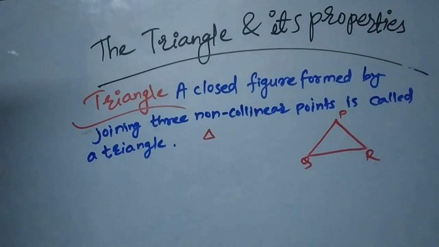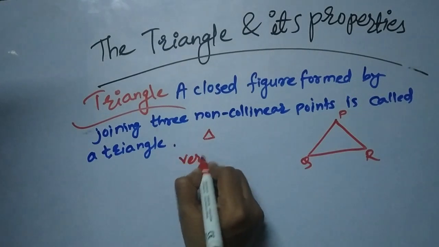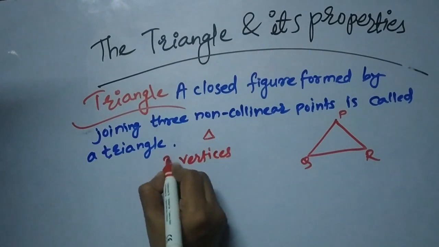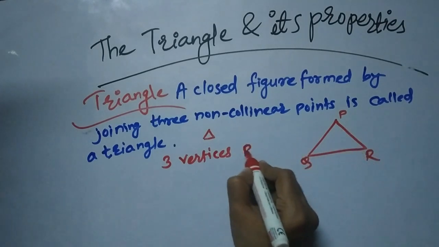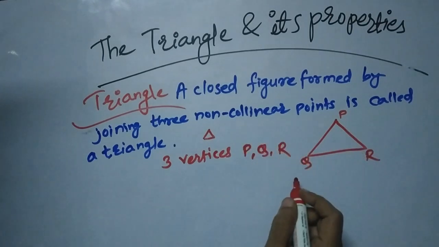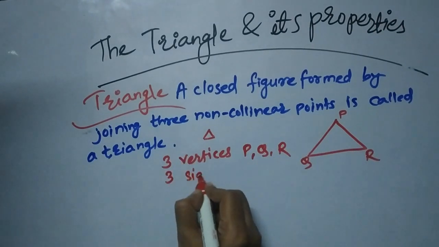PQR. So friends, in the given figure here, triangle PQR is formed by three non-collinear points. What are P, Q and R? We call them the vertices. So friends, here are the three vertices. Vertices are at these corner points, that is P, Q and R. And friends, here you can see three sides are there.